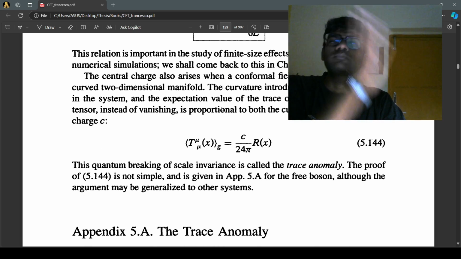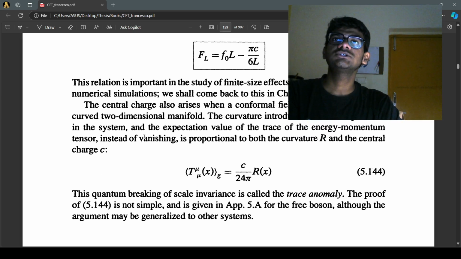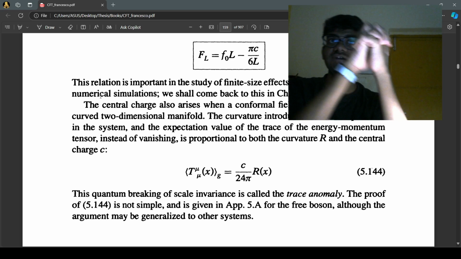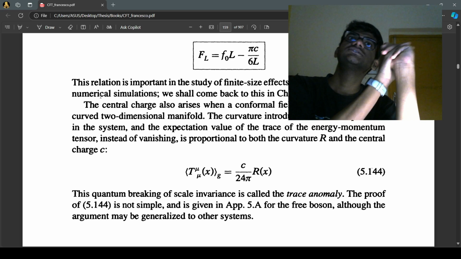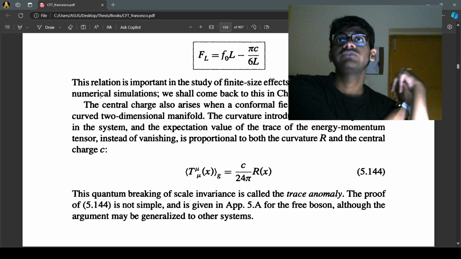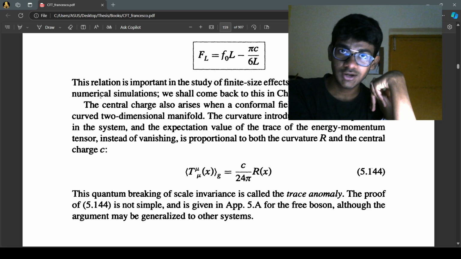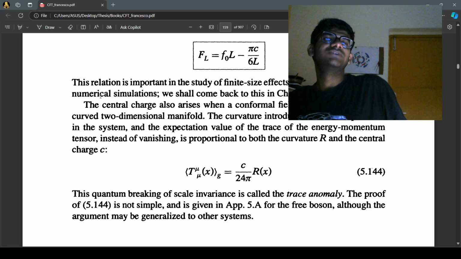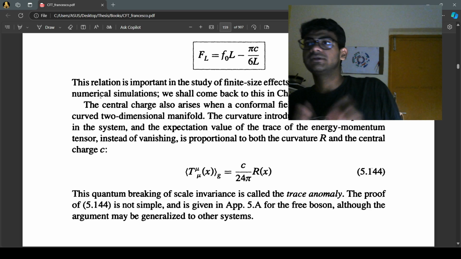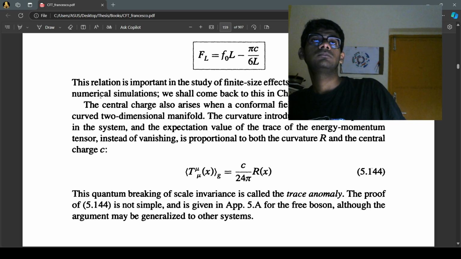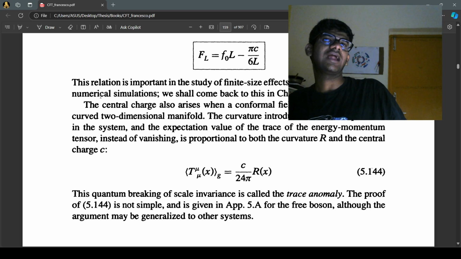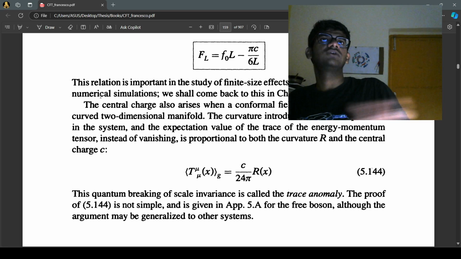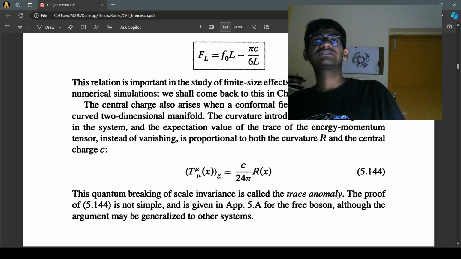Now, there is also another physical significance of the central charge. Central charge also arises when a conformal field theory is defined on a curved two-dimensional manifold, which is exciting. So when you consider a conformal field theory on an arbitrary manifold, not just a flat metric one, and also not just a zero Ricci tensor on the space, the curvature introduces a macroscopic scale in the system.